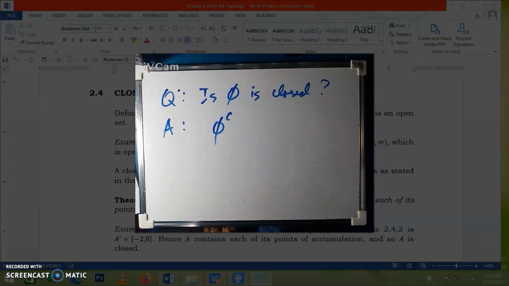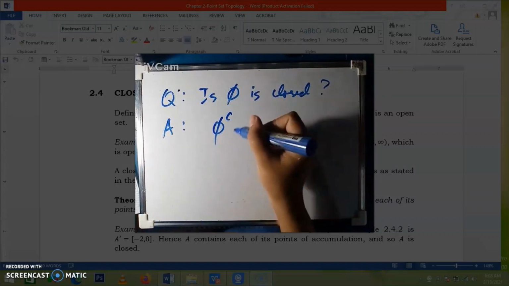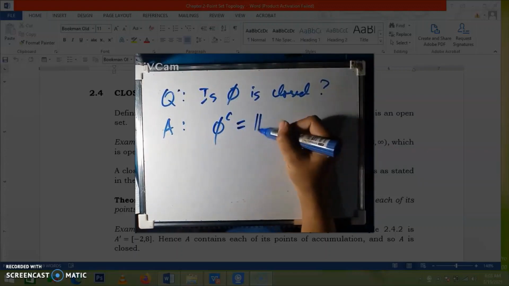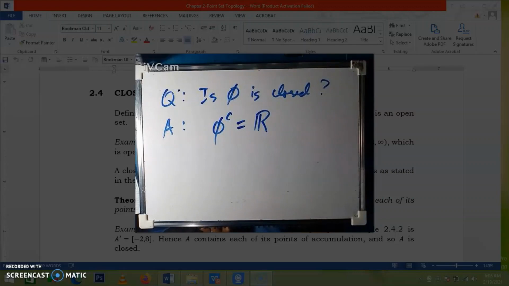Now, what is the complement of an empty set? The complement is, of course, the set of real numbers, because we will consider our universal set as the set of real numbers. Therefore, the complement of empty is the set of real numbers.